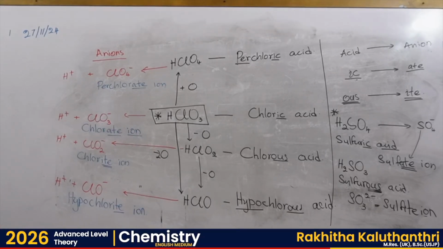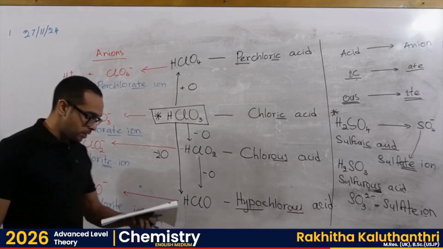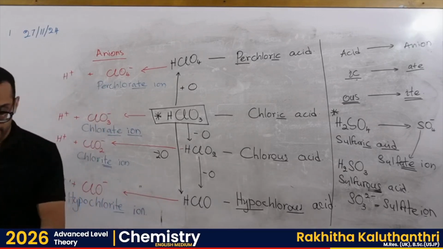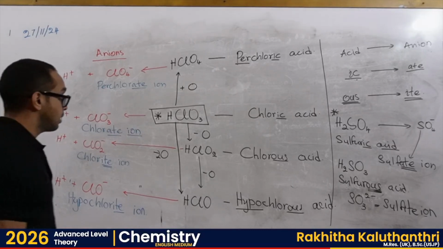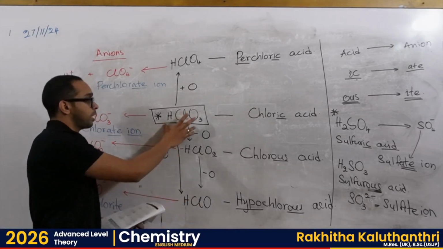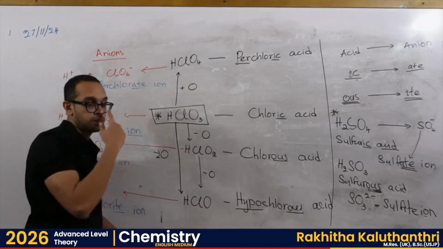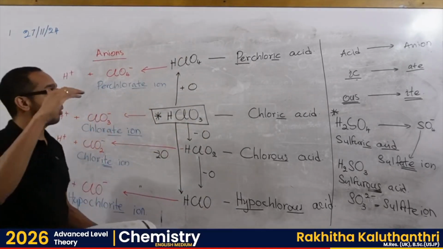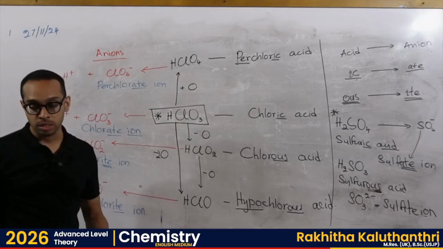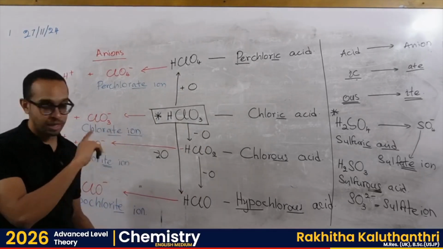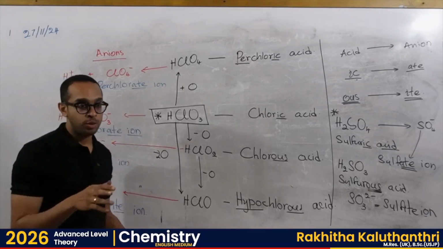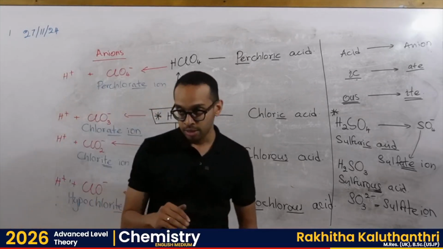So if you want, on page number 16, we can write down the anions of an oxo acid like this. Chloric acid has the entire set of acids, going from perchloric all the way to hypochlorous. But when it comes to sulfur, we talk about only sulfuric and sulfurous. When it comes to nitrogen, we talk about nitric and nitrous.